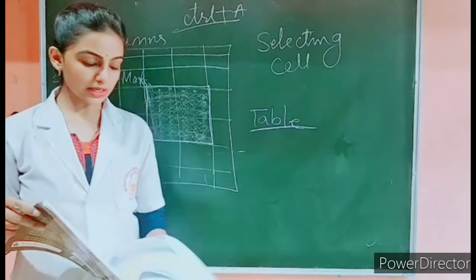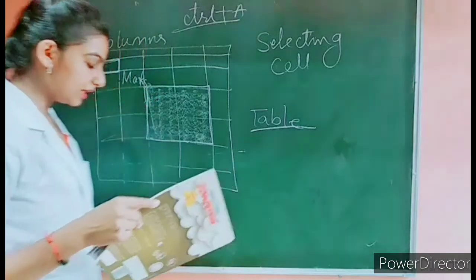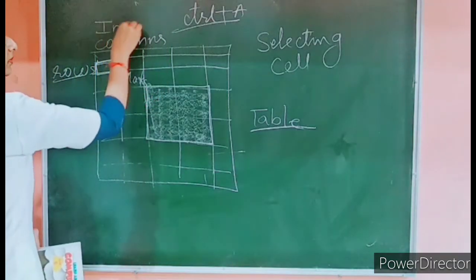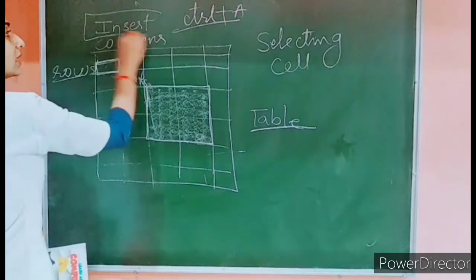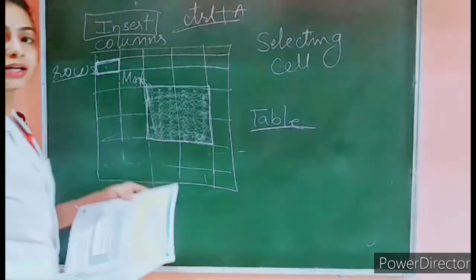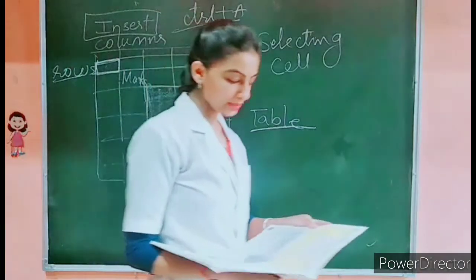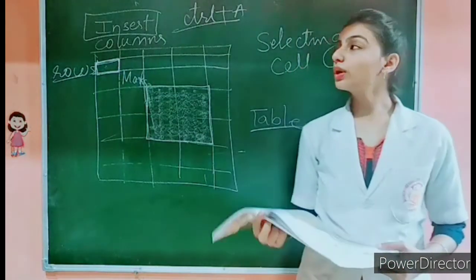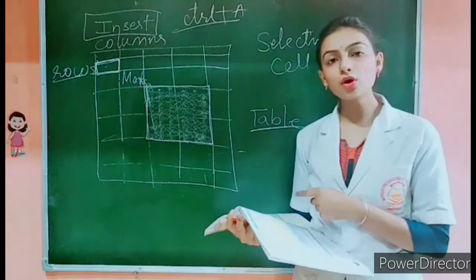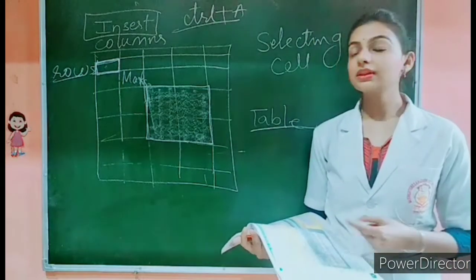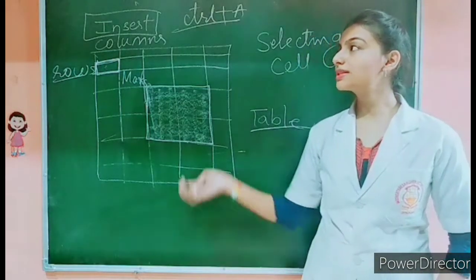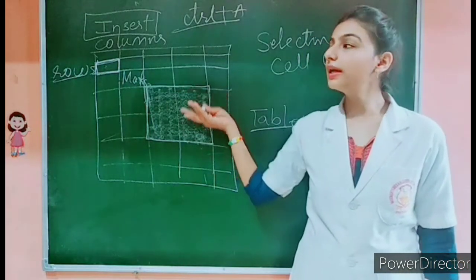Now inserting rows and columns. You have seen one ribbon here, that is Insert. Clicking on Insert, you can insert rows, columns, or also tables. If you want to insert a row or column, one dialog box will appear asking where you want to insert it.